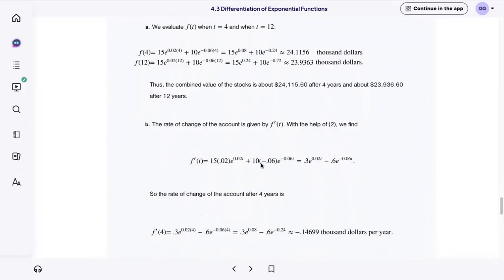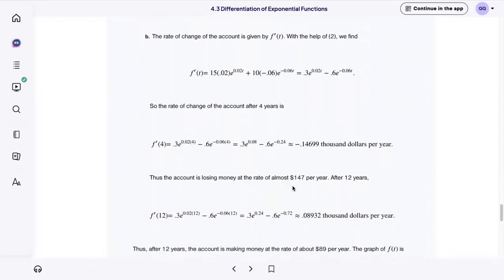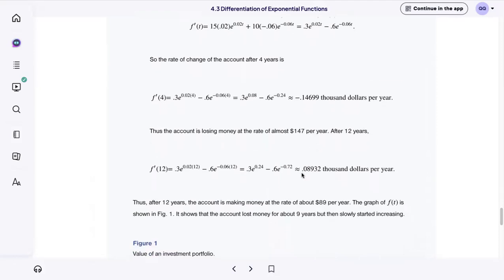When we take the derivative, the function becomes 0.3 e raised to 0.02t minus 0.6 times e raised to negative 0.06t. After 4 years, we just plug in 4 for t. We get negative 0.146 something. After 12 years, we get a positive 0.089 something.